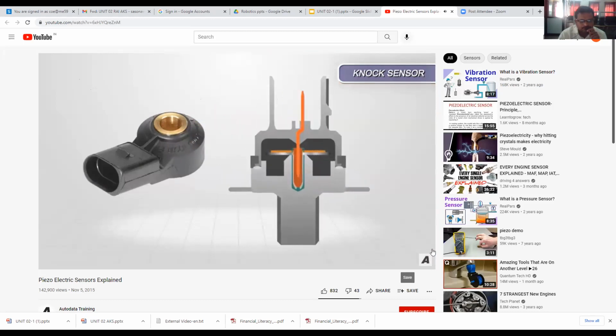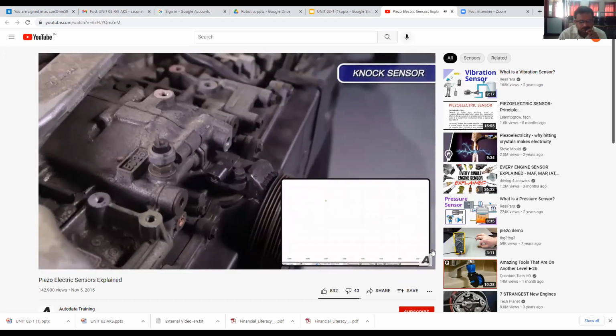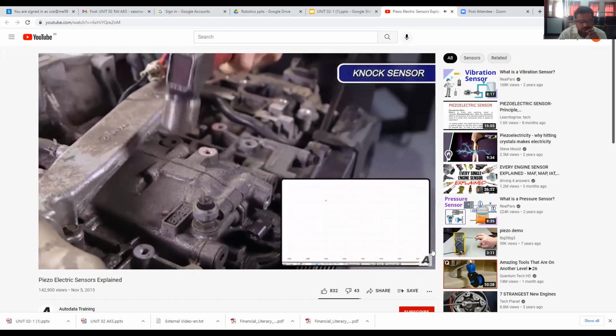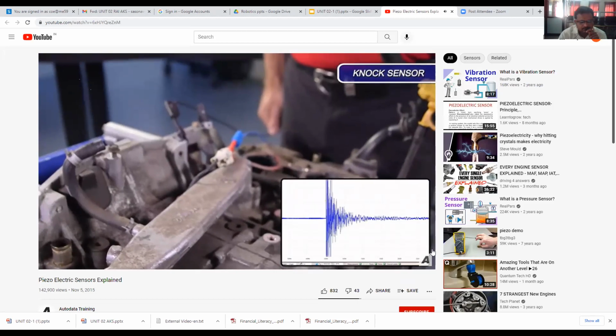When engine detonation occurs, the vibrations are transmitted through the engine block to the sensor. Inside the sensor is a ceramic sensing disc. Vibrations from the detonation put pressure on the ceramic that is proportional to the knock. The ceramic generates a voltage based on this pressure and is sent to the PCM for conversion and interpretation. With a scope attached to the sensor, any substantial vibrations will be detected and reflected as an alternating current signal.